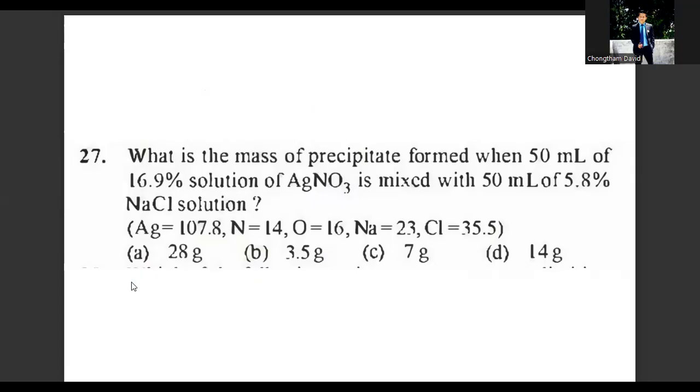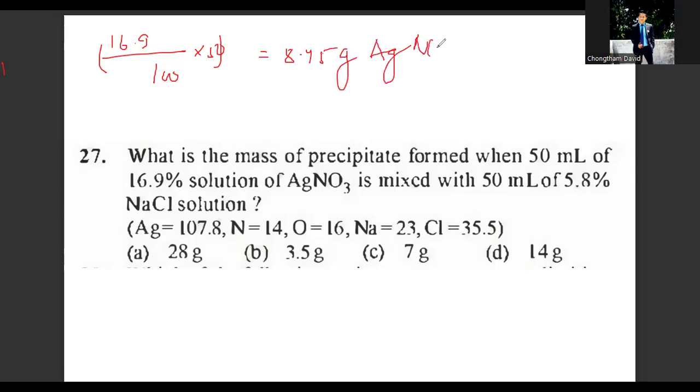So this 50 ml of 16.9% solution of silver nitrate would be 16.9 by 100 into 50. So this is equal to approximately 8.45 gram of silver nitrate.